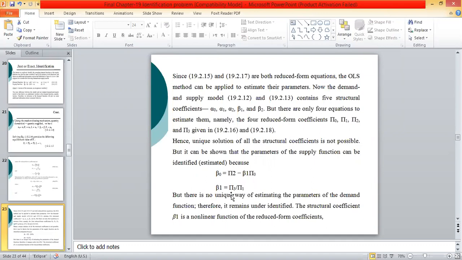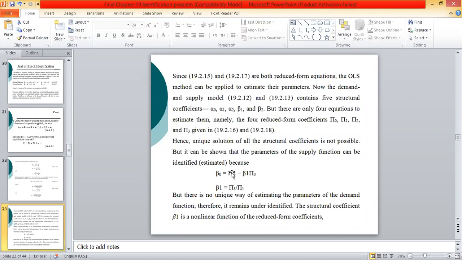Let's say we have some number here for pi 3, and some number that is the estimated coefficient here. So when we divide these two, we have some numerical value here. This is the numerical value that we have obtained after estimating the reduced form coefficients.